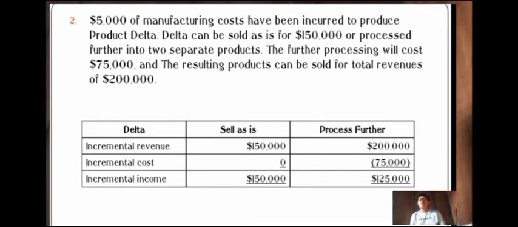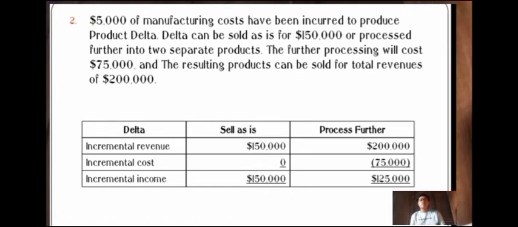If we sell the unit as is, incremental revenue is $150,000. If they're processed further, incremental revenue is $200,000. There is no additional cost if you sell the units as is. The incremental cost if the units are processed further is $75,000.